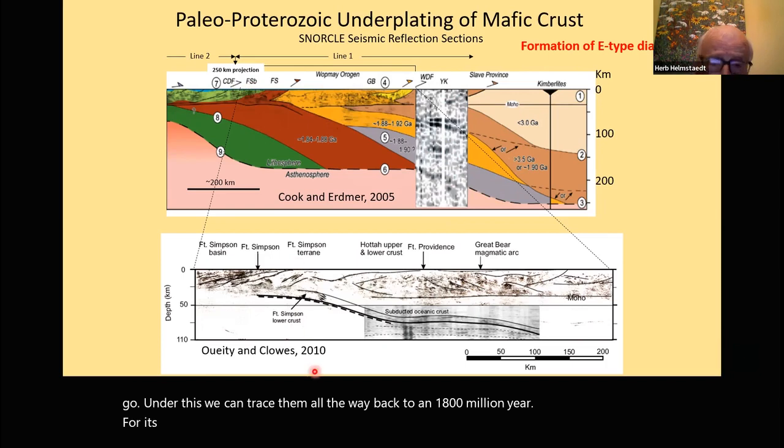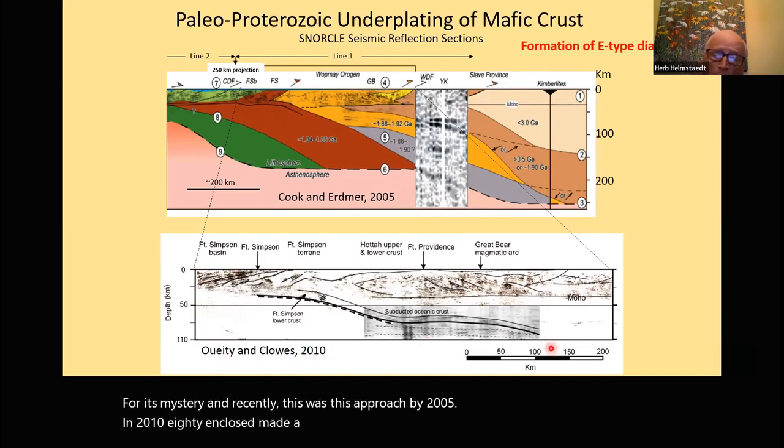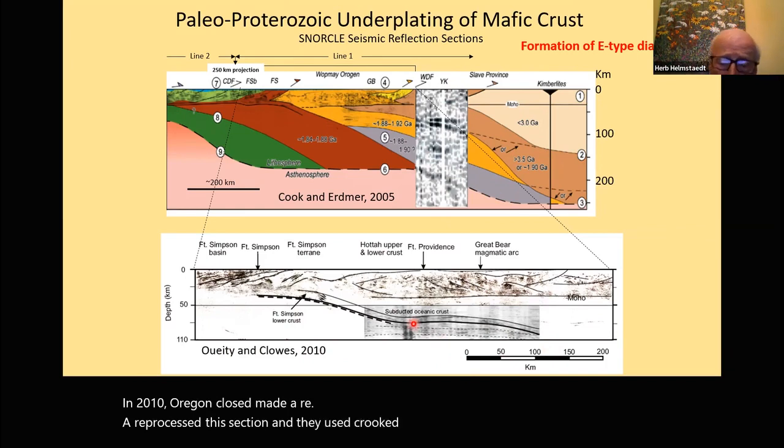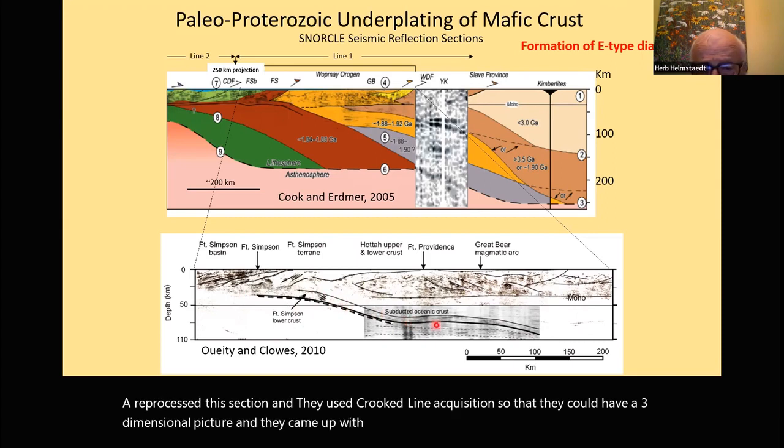And recently, this was Lithoprobed by 2005. In 2010, Oedi and Close reprocessed this section, and they used crooked line acquisition so that they could have a three-dimensional picture, and they came up with this wonderful slab that goes down there.